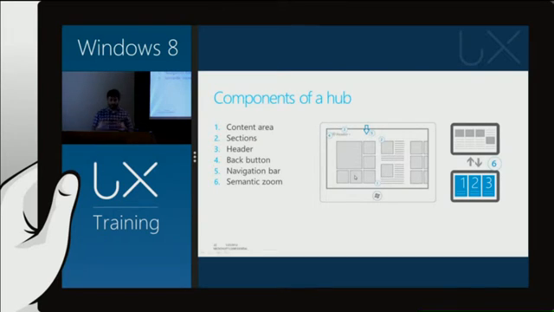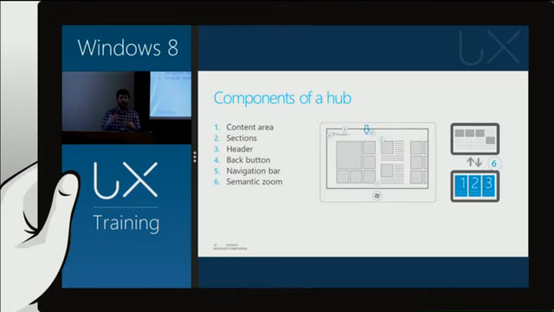So the hub has a few components. It's got the main content area where the app's content, its meat, the thing it's best at, is really coming through. It's got a whole bunch of sections, laying out your content next to each other. There is a header which shows you the place where you are to give you that context.